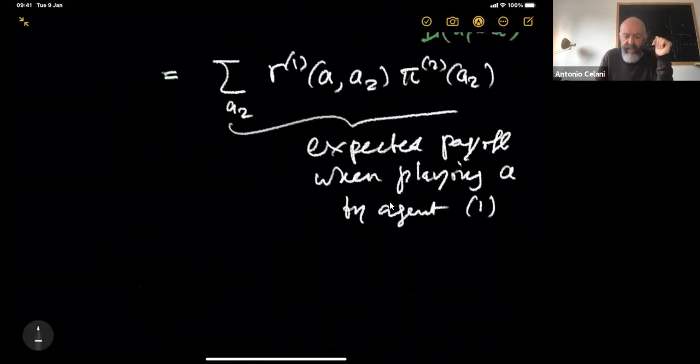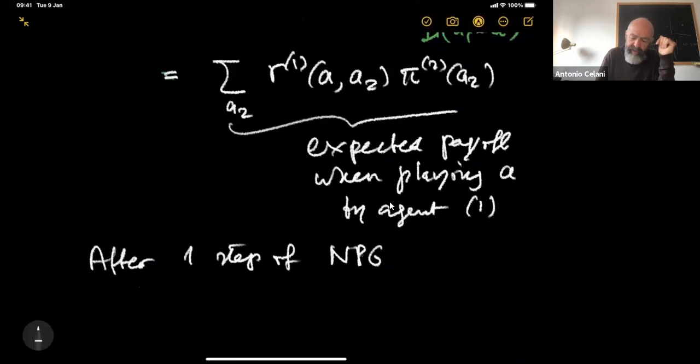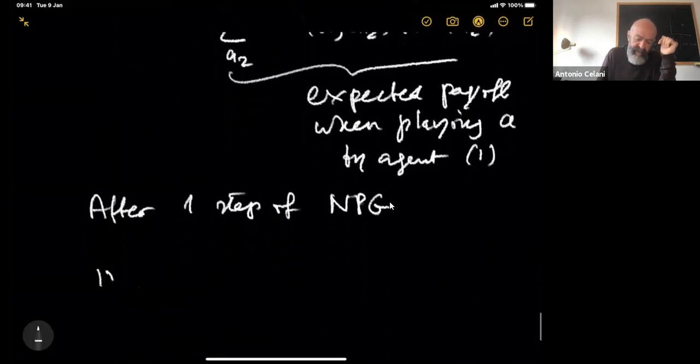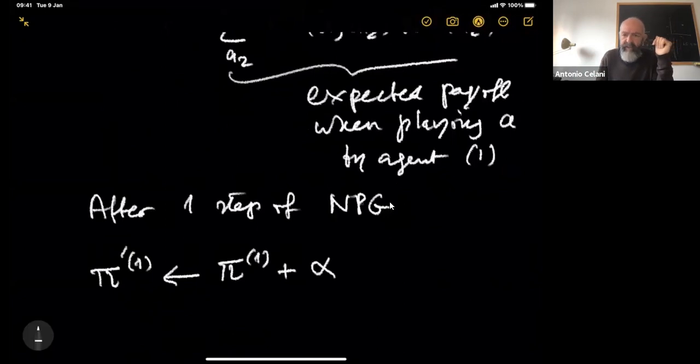So after one step of natural policy gradient, my new policy for agent 1, okay, now I'm dropping as many indices as possible. My new policy will be the previous policy plus alpha times the previous policy.